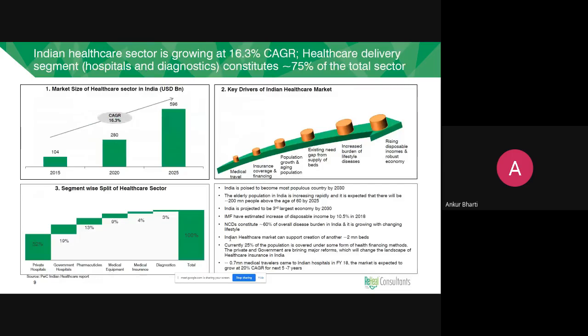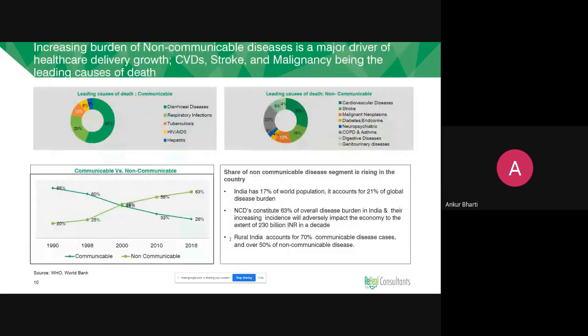The Indian healthcare market at that time, what were the components which were influencing the healthcare segment, leading diseases. India at one point of time, being a poor, third world country, had more communicable diseases. And today the expense of the country is much higher on the non-communicable side of the healthcare spectrum, which is cardiac, cancer, and all those kinds of diseases.